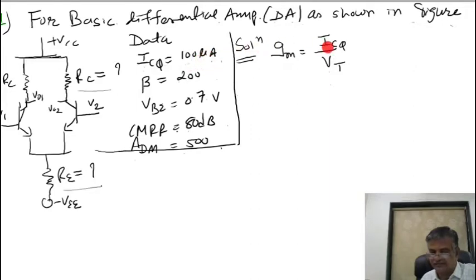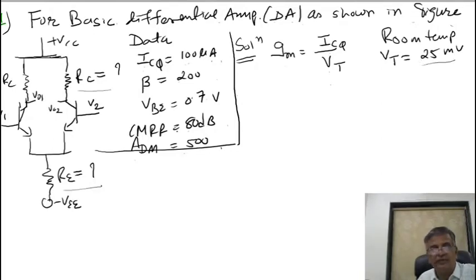This current. And the voltage is the thermal voltage. Here they have not given it; in the book it is not given. You are talking about room temperature. If the data is not given at which temperature, you have to accept room temperature. So at room temperature, you know this VT is 25 millivolt.